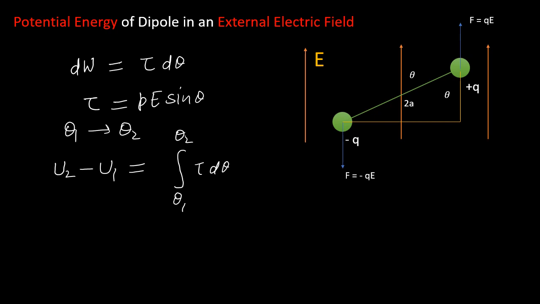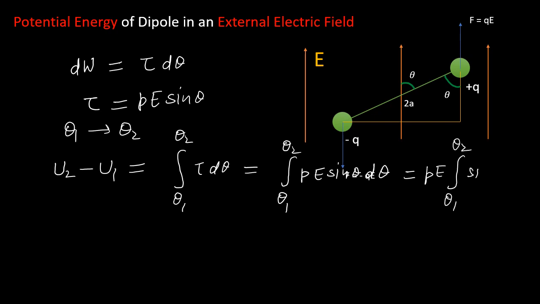We can place the value of tau in this expression. So this expression becomes integration from theta 1 to theta 2 p e sine theta d theta. P and e are constant, so we can write p e integration theta 1 to theta 2 sine theta d theta.